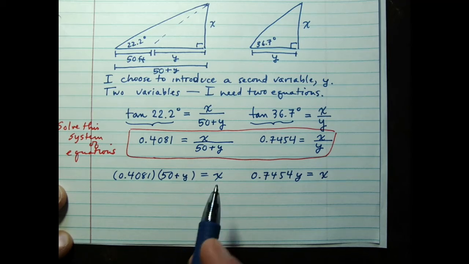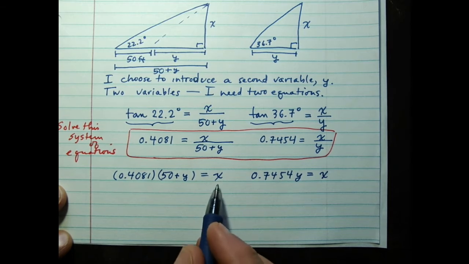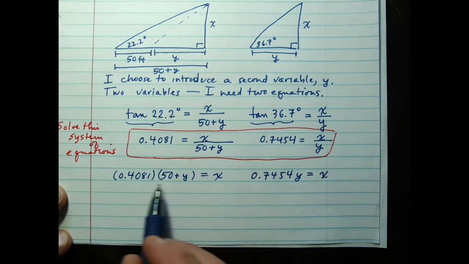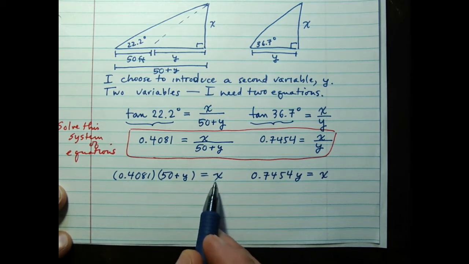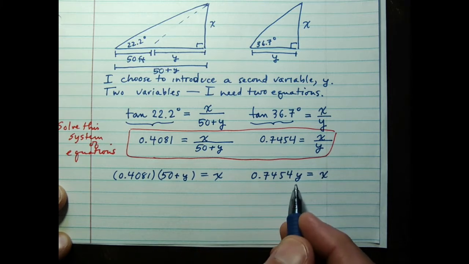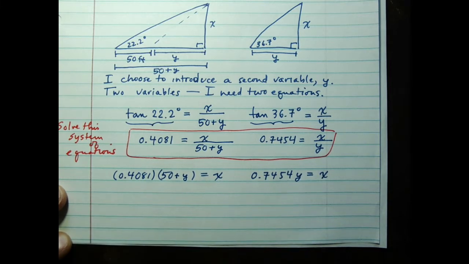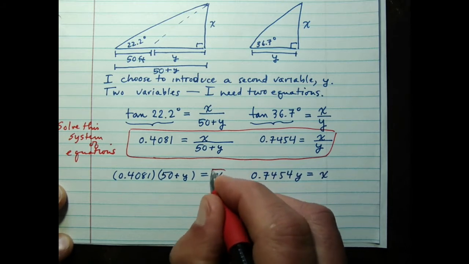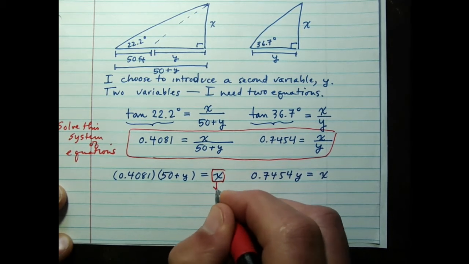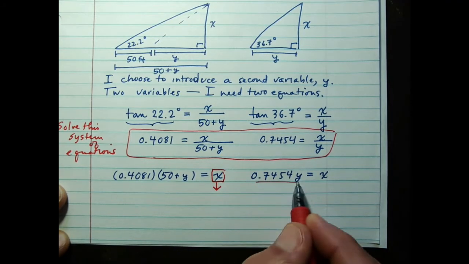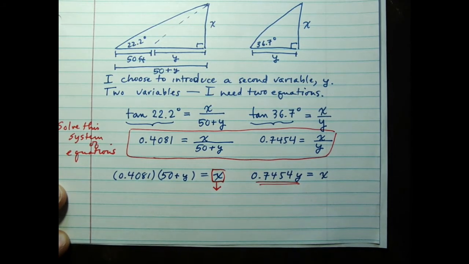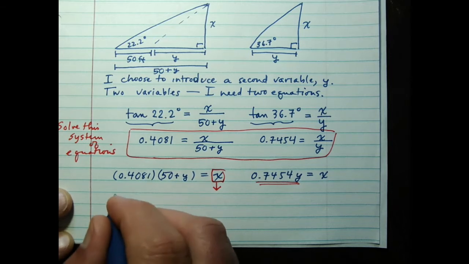Now, this sort of just falls out of the problem here. I have an expression equals x from the first equation, and I have an expression equals x from the second. I'm going to substitute the x here with that expression that's equal to x from the second equation.